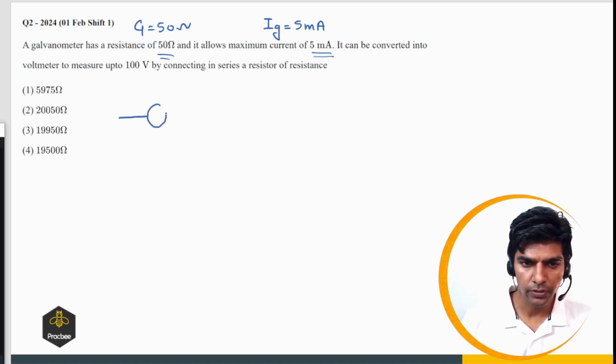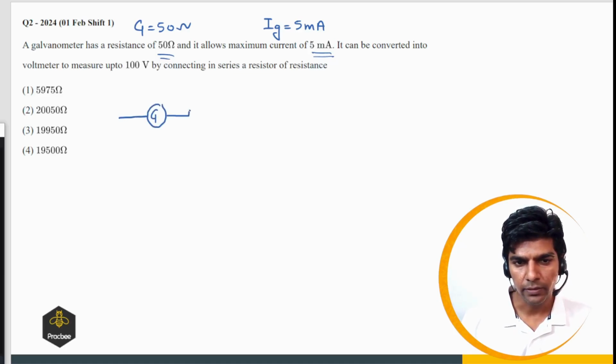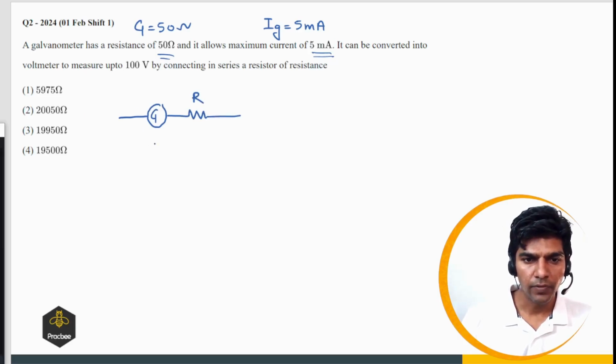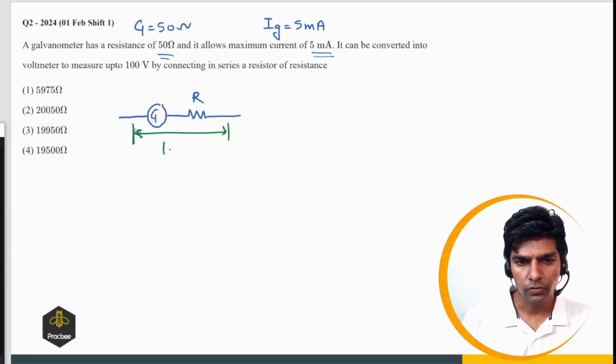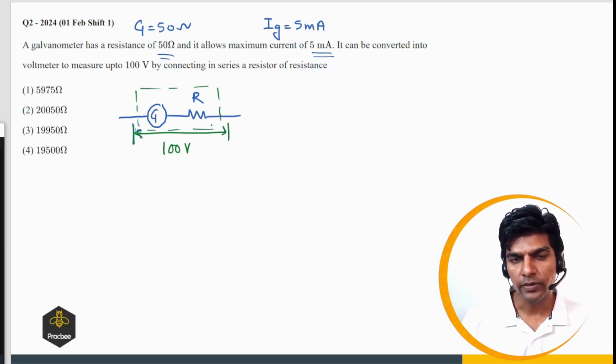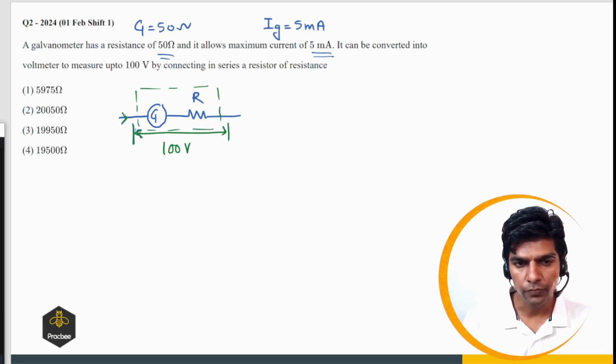We have a galvanometer and we are connecting a very high resistor in series, and across this combination the voltage drop comes out to be 100 volts. That is the maximum voltage this voltmeter can measure. So this is our voltmeter. When we have maximum deflection, the current will be the full scale deflection current, so this current will be Ig.